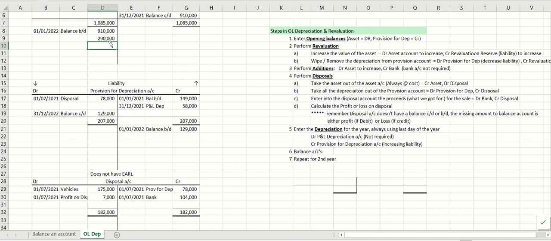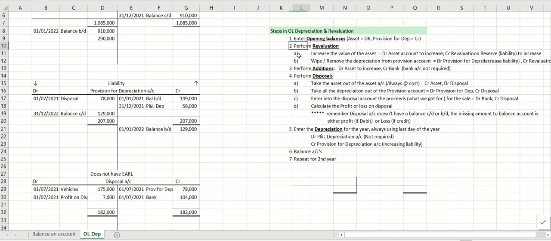I'm going to need to put an extra 290,000 onto my asset to make sure that they add up to 1.2 million. So I'm increasing the value of my asset. That's our first step here.